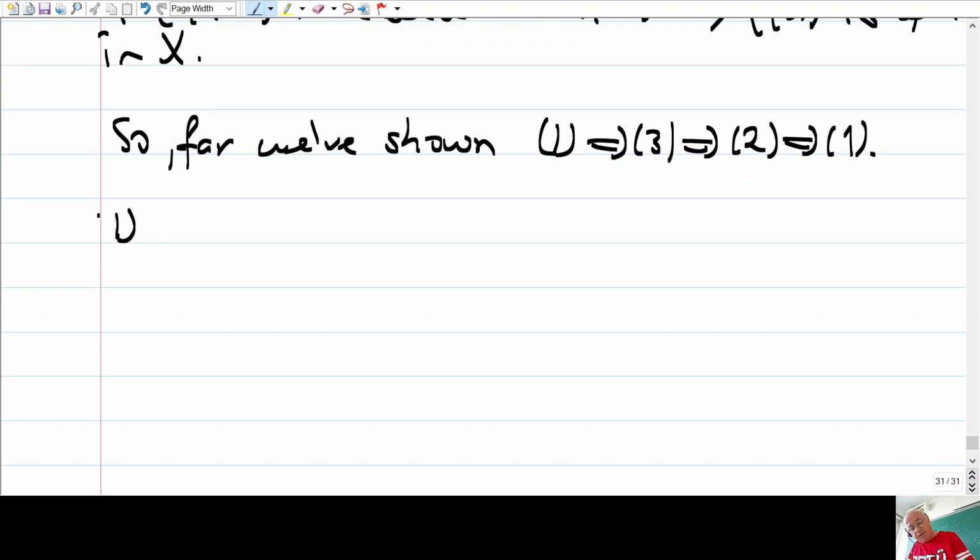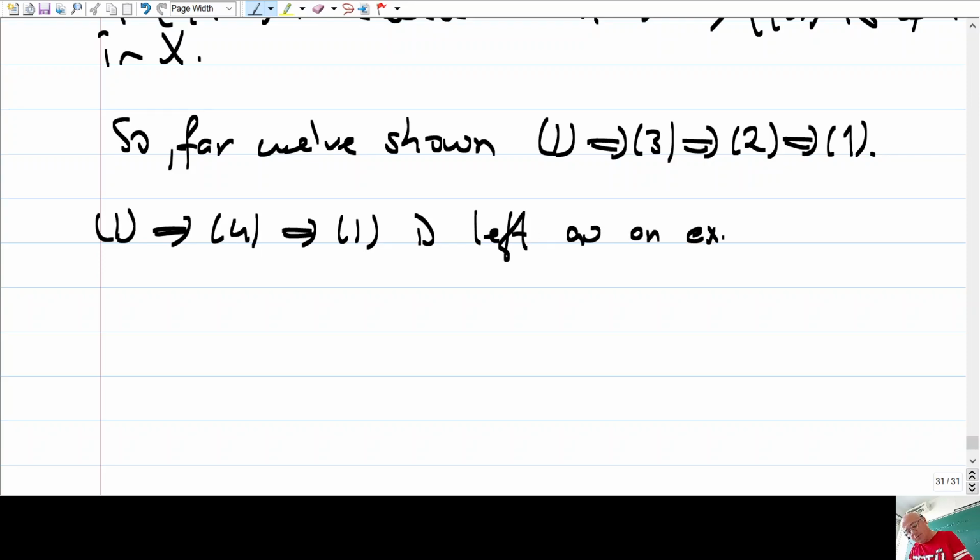So 1 implies 4 implies 1 is left as an exercise. They are just two lines, okay? So this was kind of tricky. The proof I gave is slightly different than the one in the book, but you know, doesn't matter. So you have two different proofs.